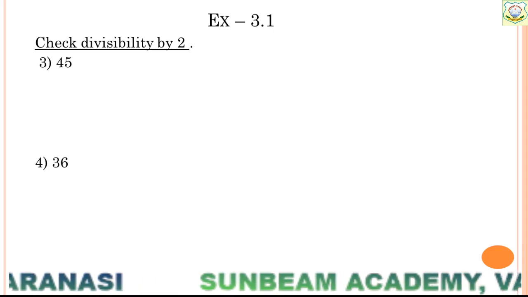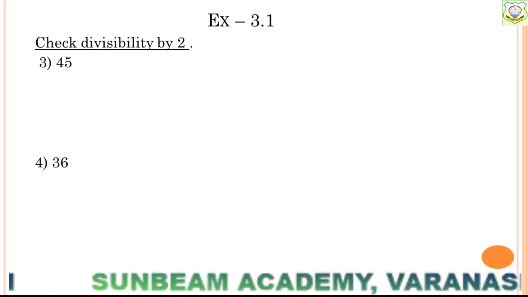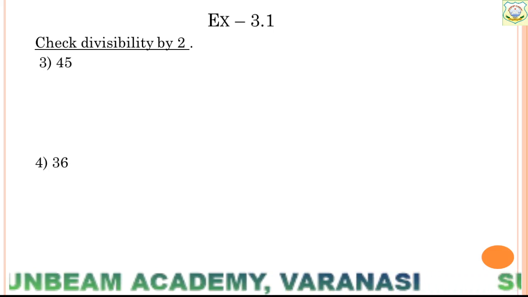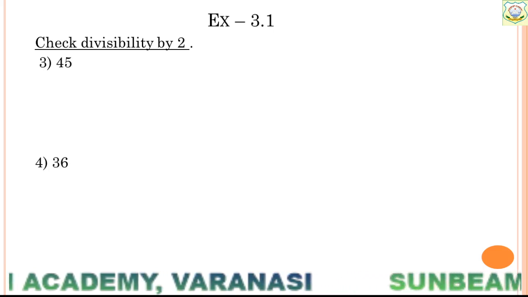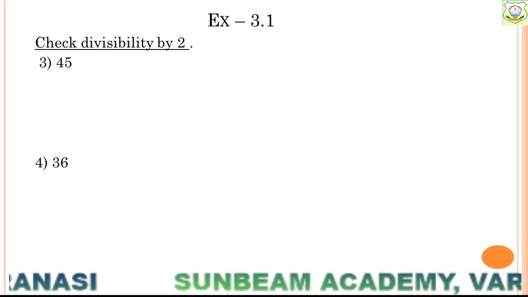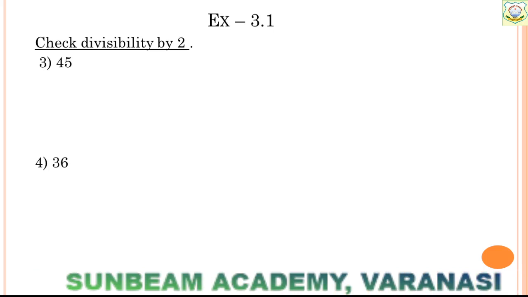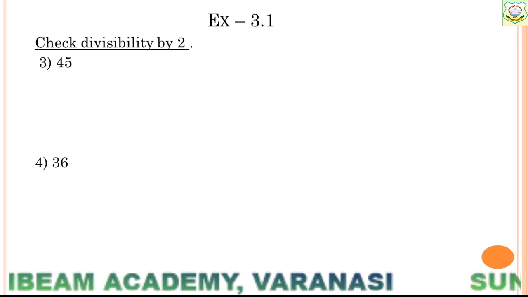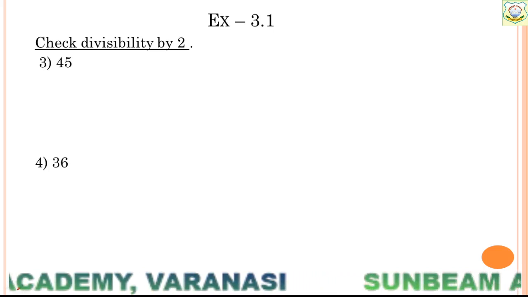So do each divisibility on one page: check divisibility by 2 on one page, then by 5 on the next page, and then by 10 on the next page. Clear? Now let's start the third question.